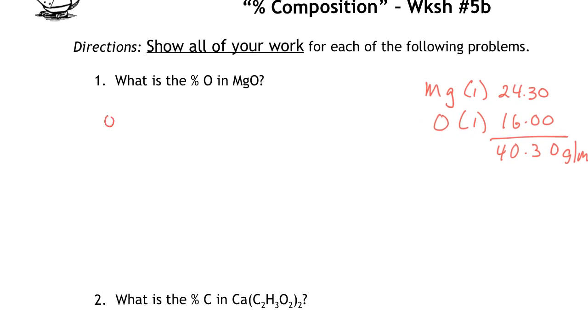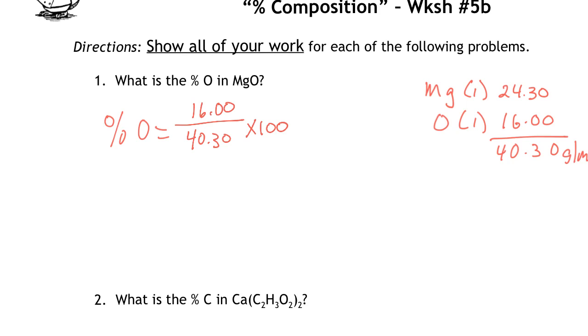So the percent of oxygen is going to be equal to the amount of oxygen, which was 16.00, divided by the total, which was 40.30, times 100. Grab the calculator.